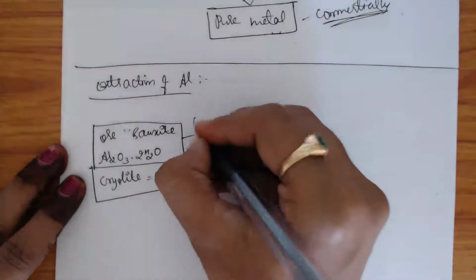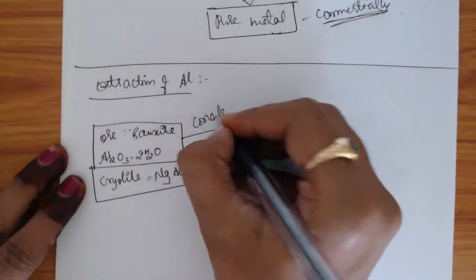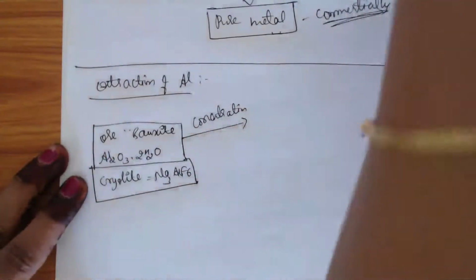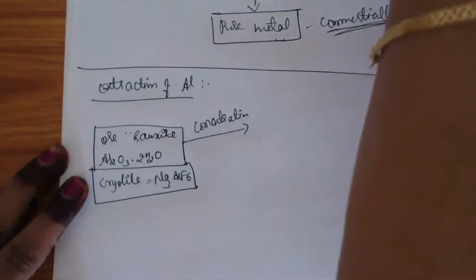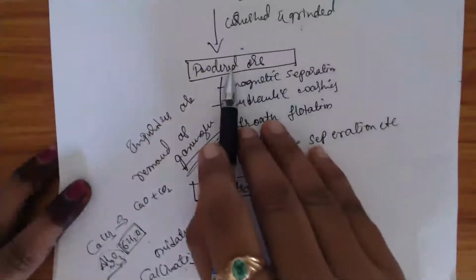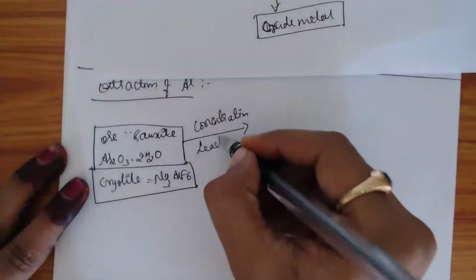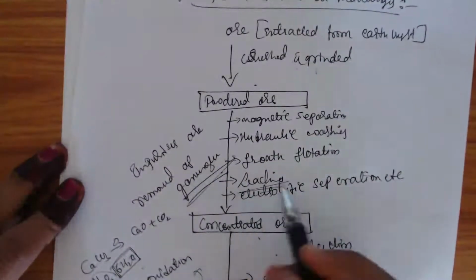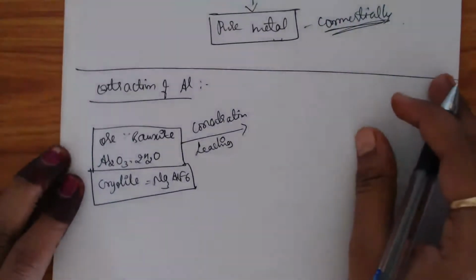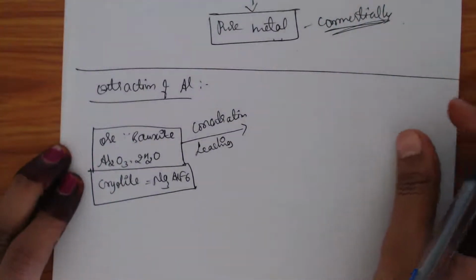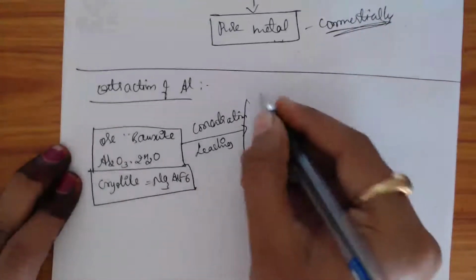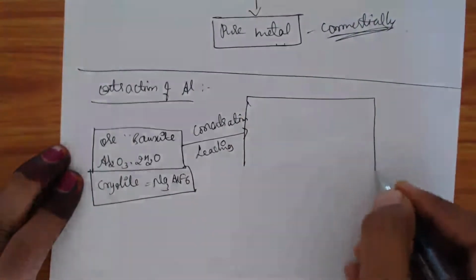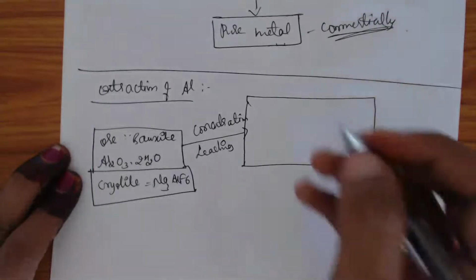So when the ore is taken, concentration of ore takes place. As I told you, the ore is concentrated by the leaching process. That leaching process is done by treating with NaOH solution.